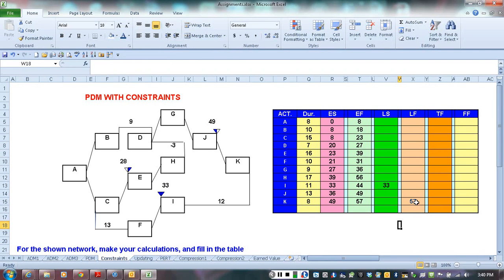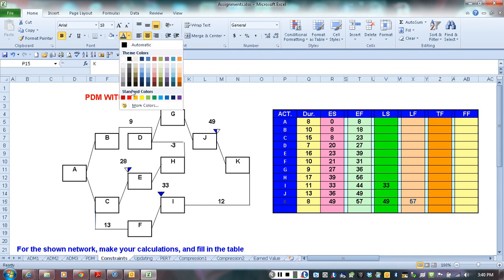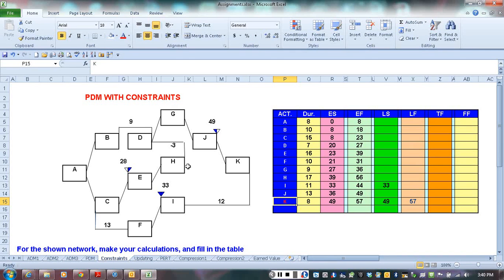So 57, and going backwards the duration is 8, so the late start is going to be 49. So obviously activity K, as we can see, is going to be critical, so we're going to just mark it as critical. Okay, and if it's critical, total float is 0 and free float is 0.